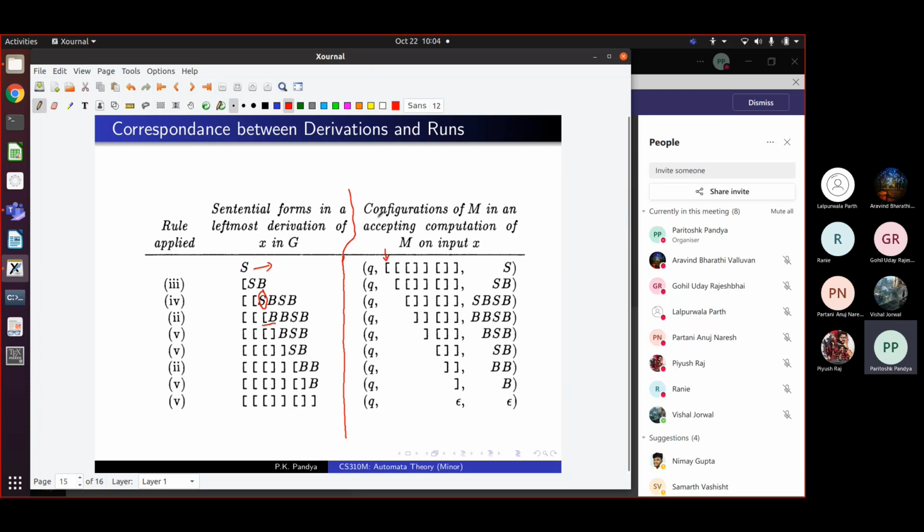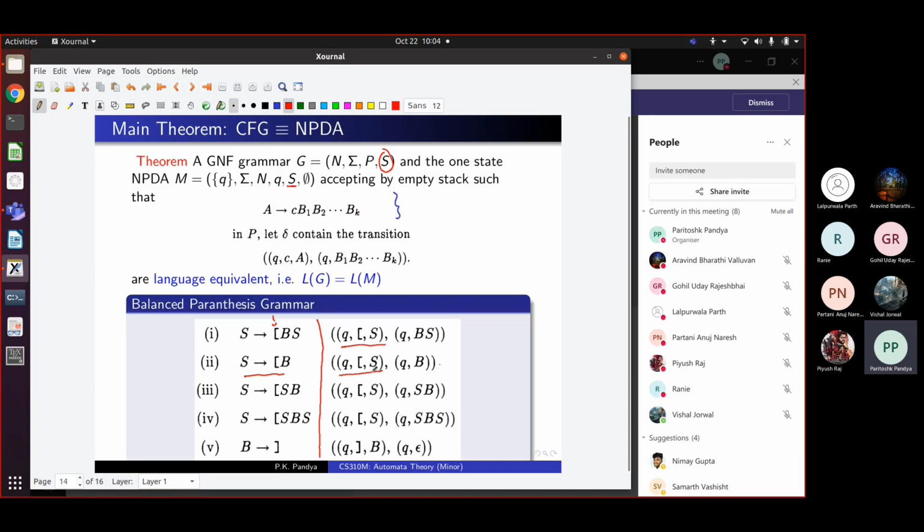So what happens is, when I had a sentential form of the form left bracket SB, that left bracket part is consumed from the input word, and this remaining non-terminal string is put on the stack. Next, this S is rewritten as left bracket B. Here I have this left bracket symbol. I added a rule which says that on Q, on left bracket, I can rewrite S by B, right?